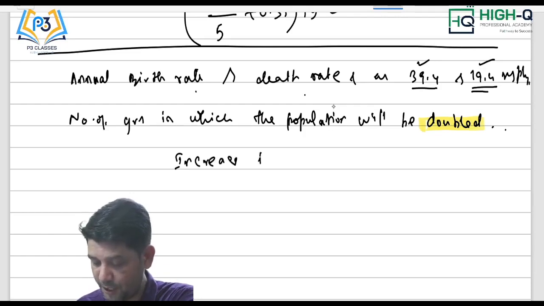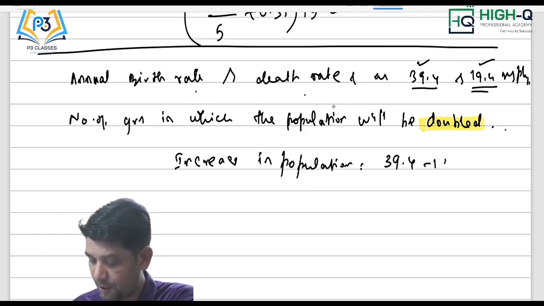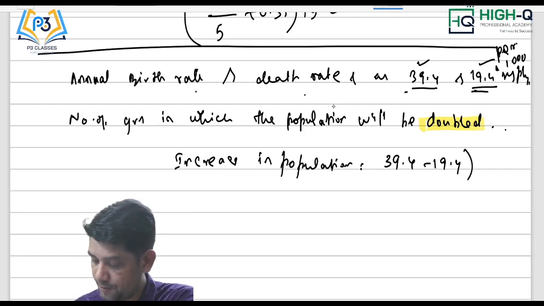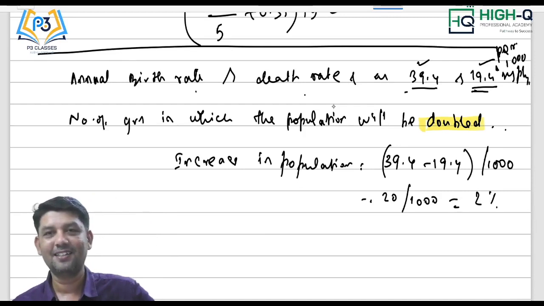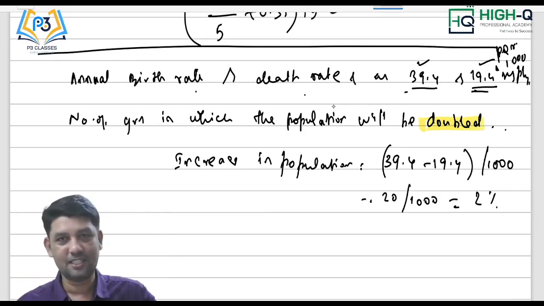Increase in population is 39.4 minus 19.4. This is very important: per thousand. So that means 20 per thousand. Is it not 2%, my dear? I got the rate of interest directly. Everyone knows this.